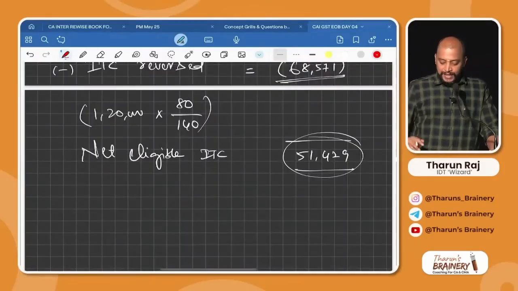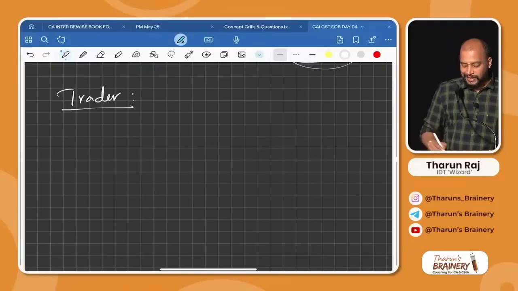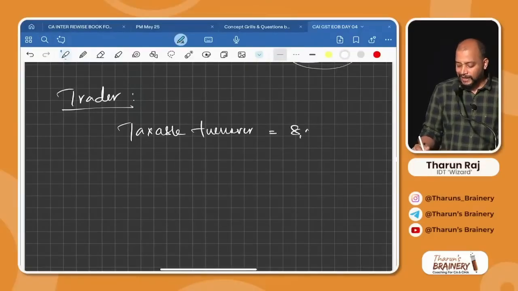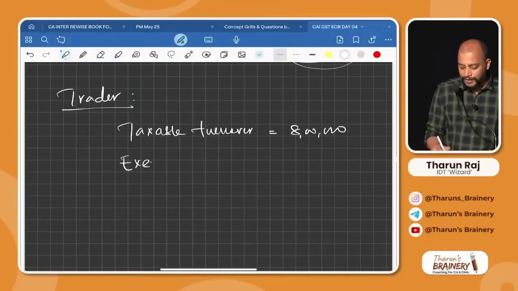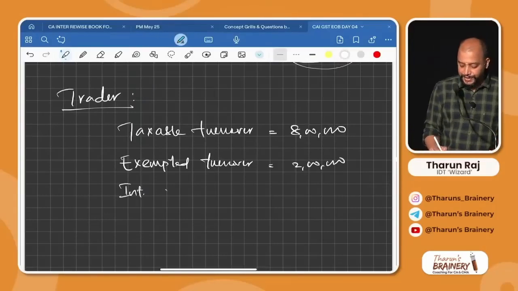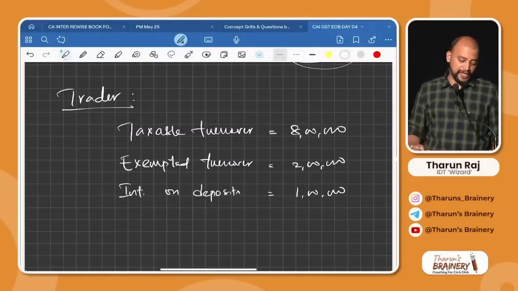Okay. Now say this, there is a trader, and that trader is having taxable turnover of 8 lakhs, exempted turnover 2 lakhs, and interest on deposits 1 lakh.